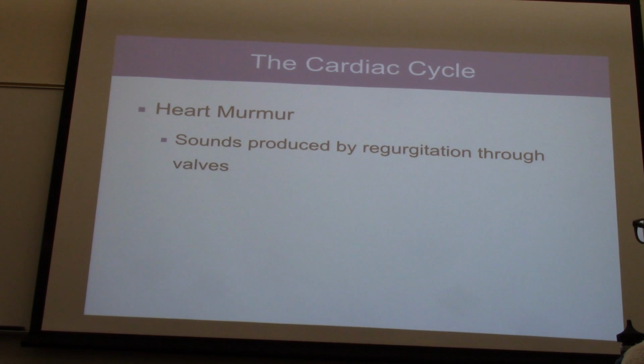All right. What's a heart murmur? A heart murmur is anything that causes abnormal sounds. The 2 main types are what we call a heart murmur due to stenosis. In other words, the valve doesn't open up all the way.